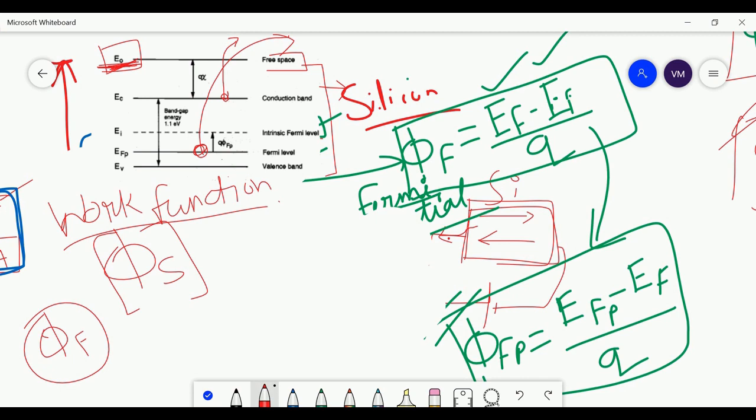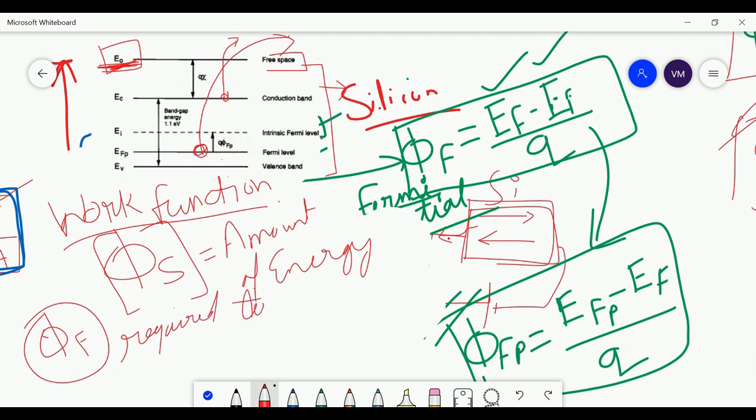The work function of silicon is nothing but the amount of energy required to move a charge carrier out to free space from where?